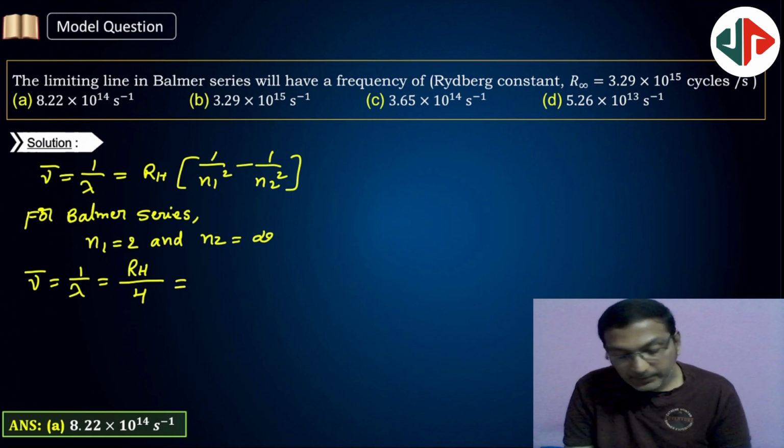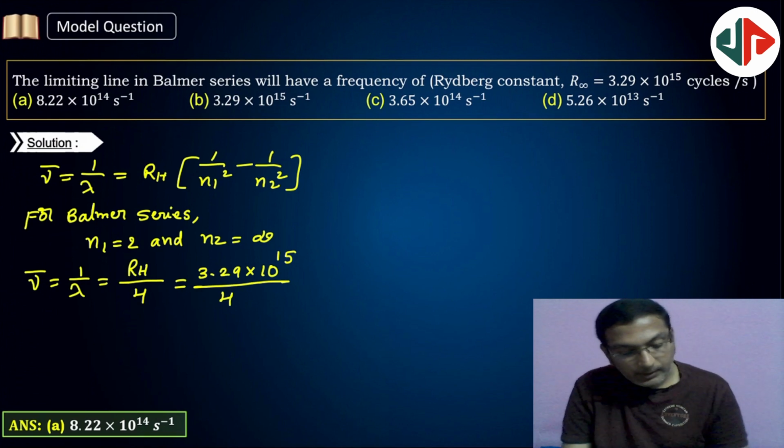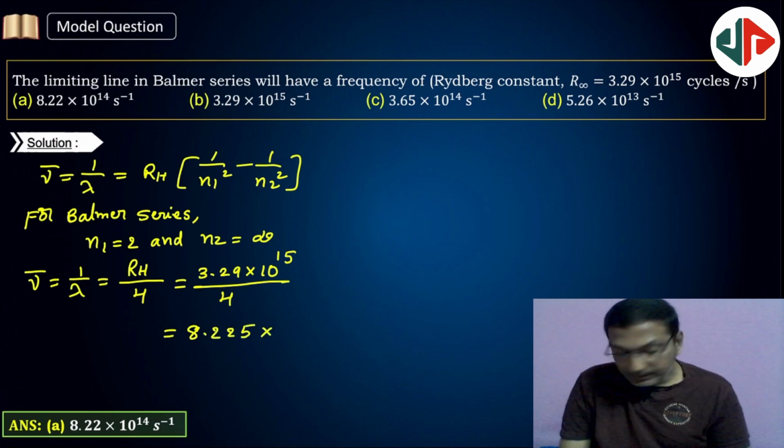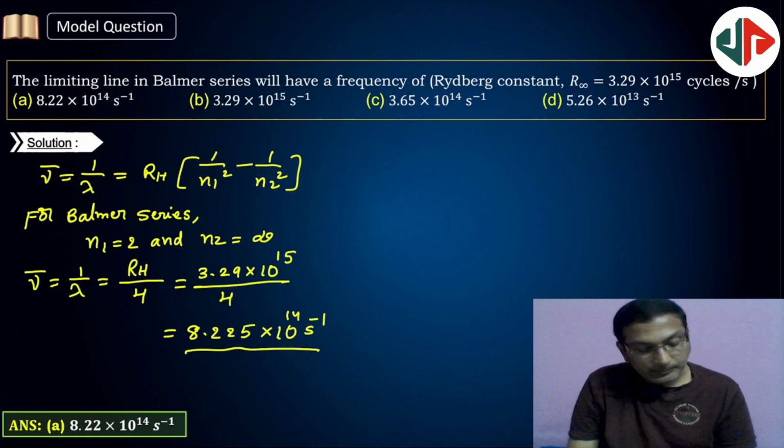So here the RH value is given as 3.29 into 10 power 15 by 4, which is 8.225 into 10 power 14 second inverse. This will be the answer.